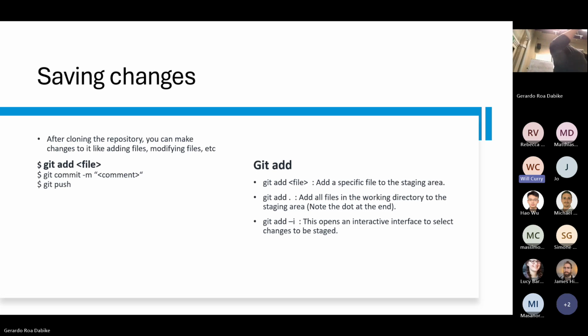When we stage the changes, we move them to a temporary area before submitting and saving. Then we commit, which adds a comment and properly saves them. So git add with the name of the file adds it to the stage area, then you git commit -m and add a comment so people know what is in that commit. And with git push, we submit it to GitHub.